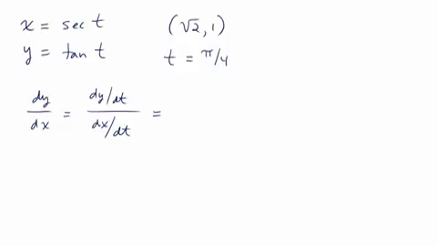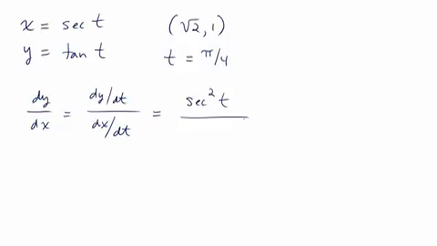Let's begin by finding dy dx parametrically, which by definition is dy dt over dx dt. The derivative of y with respect to time, which means the derivative of tangent t, is secant squared t. So the numerator is secant squared t over the derivative of x with respect to t.